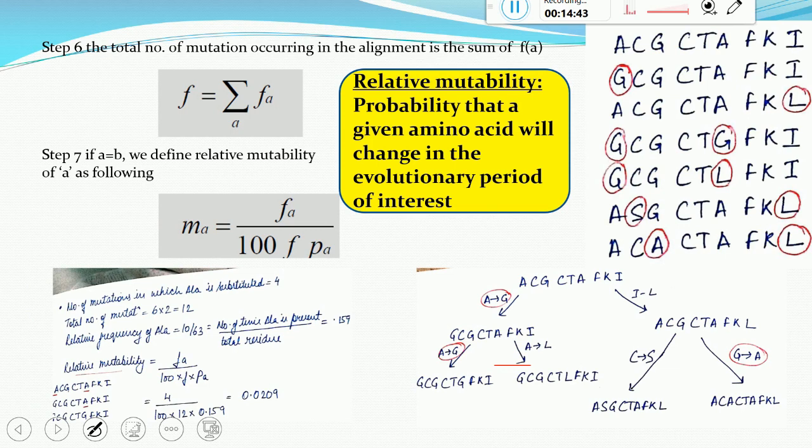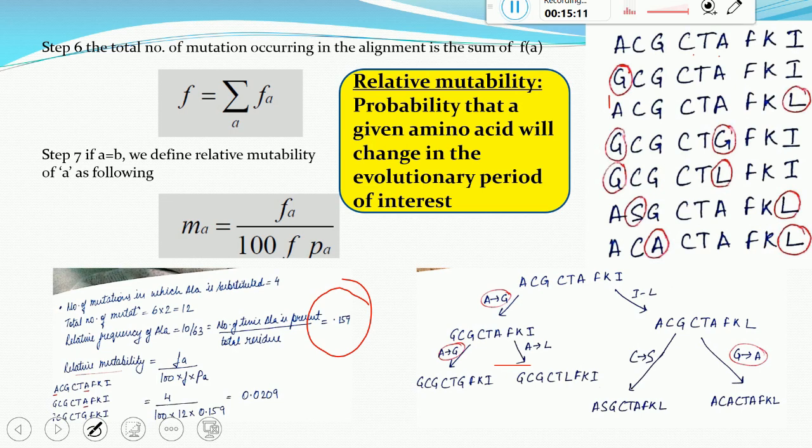Alanine is present 10 times, and the total residues are 63, because these are 9, 1 2 3 4 5 6 7 8 9, and these are 7 sequences, so 7 into 9 is 63, and alanine is present at 10 places. So the relative frequency of alanine will be calculated as 0.159.